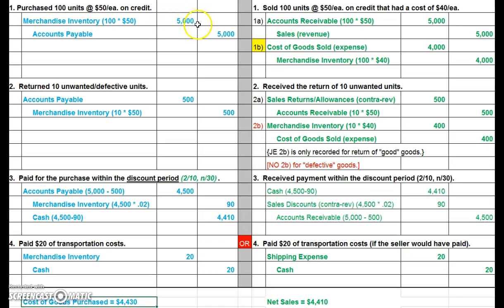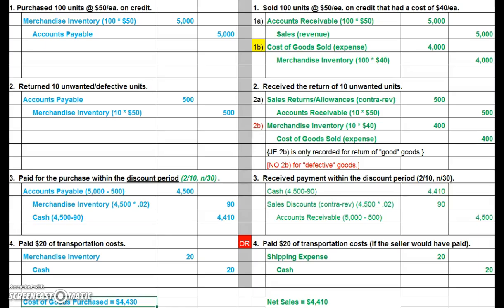So the original purchase in journal entry number 1 added $5,000 to our merchandise inventory. But the $500 return in journal entry number 2 reduced it. The $90 discount from journal entry number 3 reduced the cost. However, if we have to pay for freight or transportation, we have to add that $20. That is how we arrived at $4,430 of cost of goods purchased.